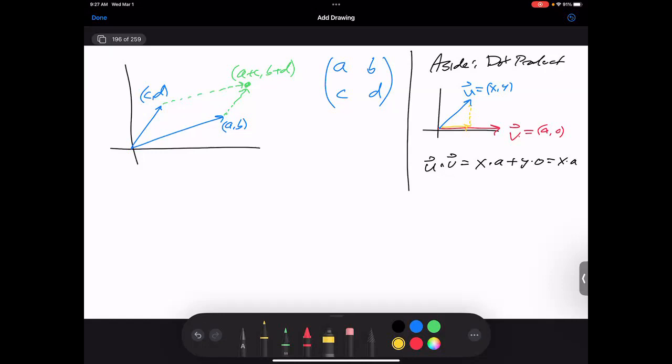So let's go back over here now to trying to find the area of a parallelogram. If I give you a parallelogram, how would you find its area? Anybody remember the formula for the area of a parallelogram?